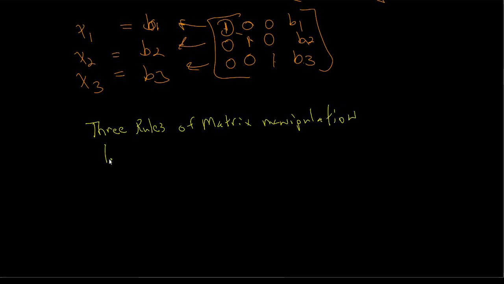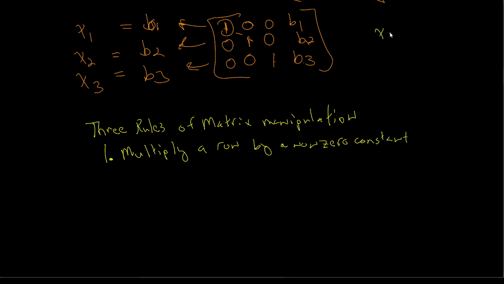One, we can multiply a row by a non-zero constant. And that's the same as multiplying an equation by a non-zero constant.